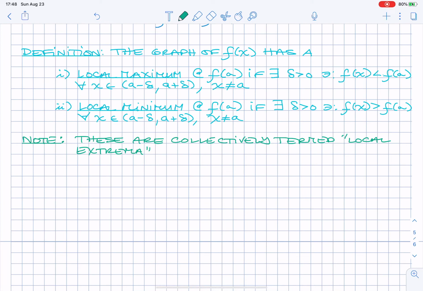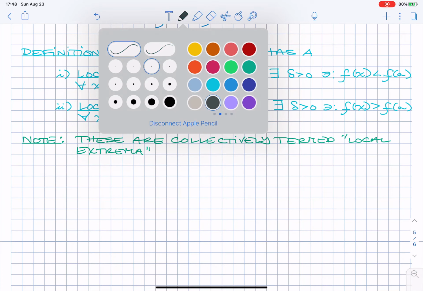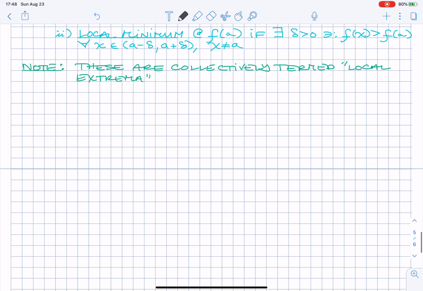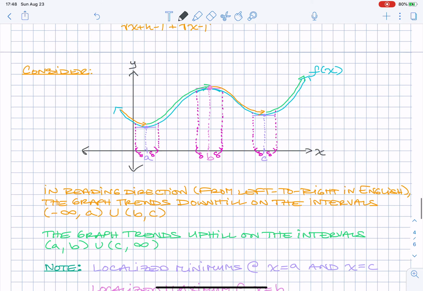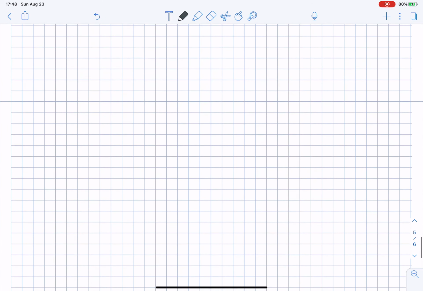Sometimes you'll hear them termed local extremes, but local extrema is fine. Okay, so for example, do I have enough room to put an example here? Maybe I should go to the next page. Yeah, let's go to the next page.